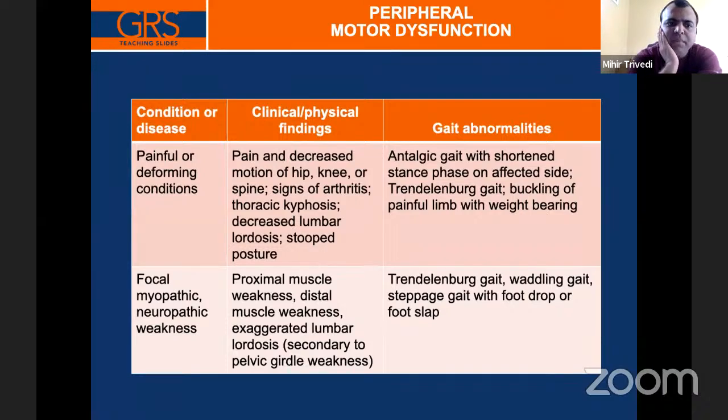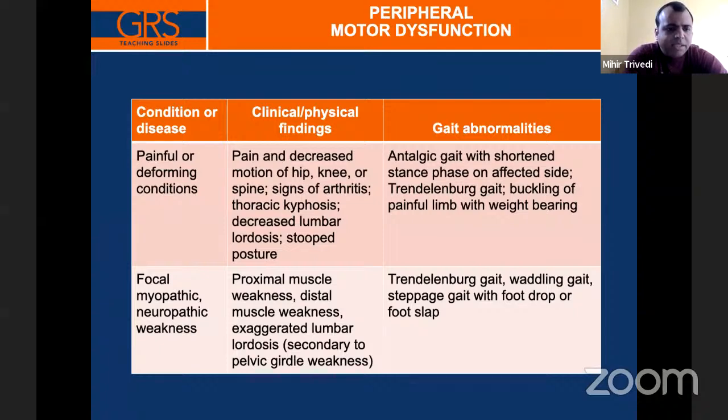Painful or deforming conditions with pain and decreased motion of hip, knee, or spine. Signs of arthritis, thoracic kyphosis, decreased lumbar lordosis, and stooped posture, which commonly come with antalgic gait with shortened stance phase on the affected side, Trendelenburg gait, buckling of the painful limb with weight bearing.